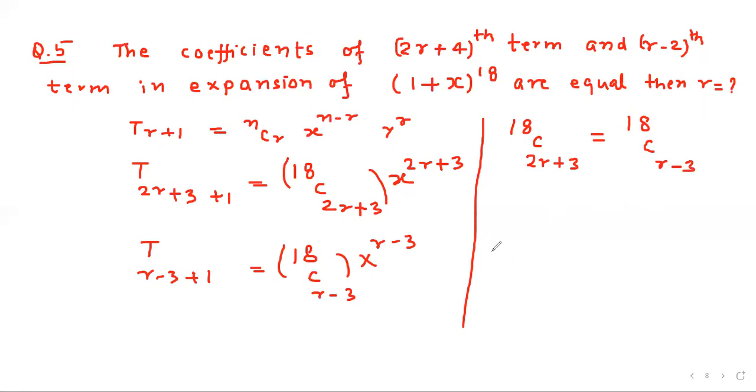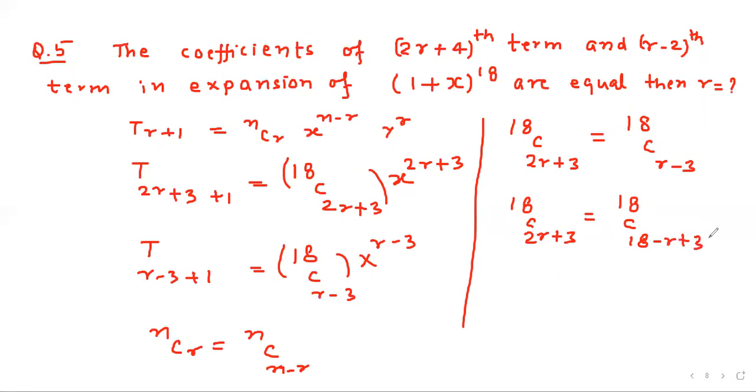Now here we can apply the formula nCr equal to nC(n minus r). So 18C(2r plus 3) equal to 18C(18 minus r plus 3). So these two terms will be equal. So 2r plus 3 must be equal to 21 minus r. So 3r equal to 18, which will give r equal to 6.